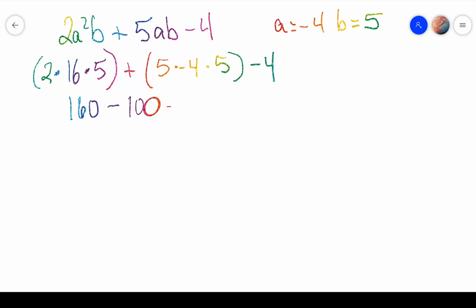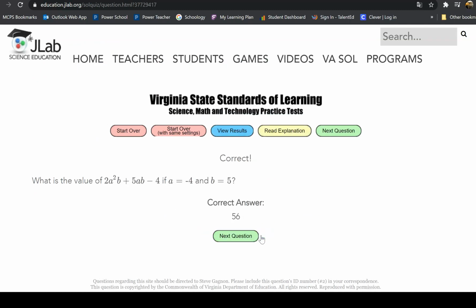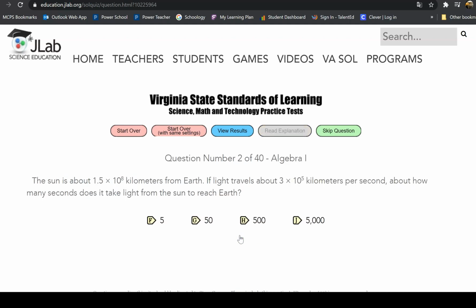And then bring down that -4. Alright, so 160 now, minus 100, minus 4 equals positive 56. So we're going to click on J. Yay, we got it correct. Next question.